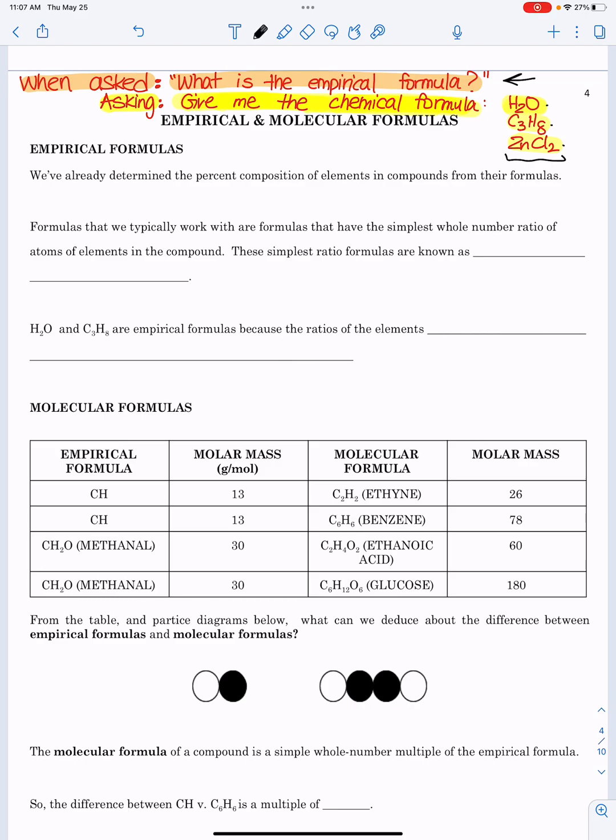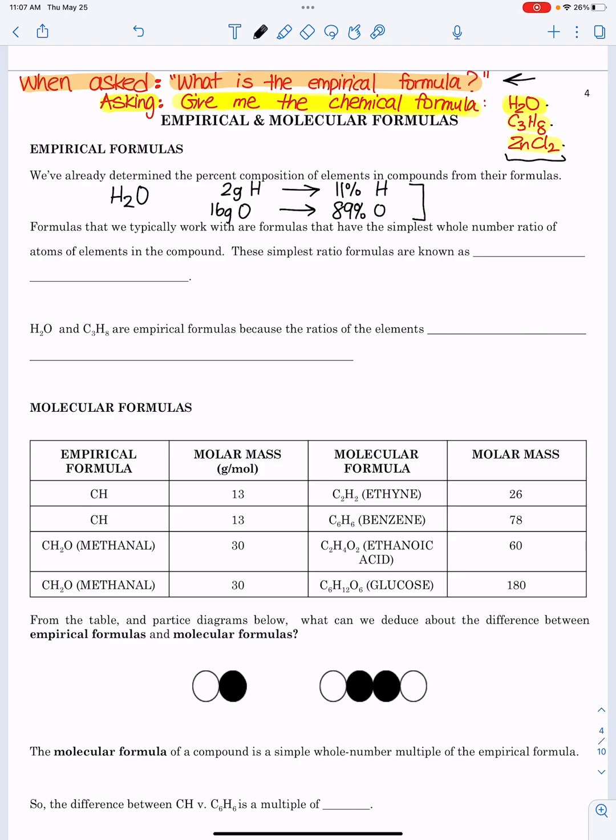Speaking of empirical formulas, we've already determined the percent composition of elements and compounds from their formulas. So for example, if I have a mole of H2O, that's 2 grams of H, 16 grams of O, and mathematically, that's 11% H and 89% O. We have been able to follow the steps to get percent composition of elements in a compound.